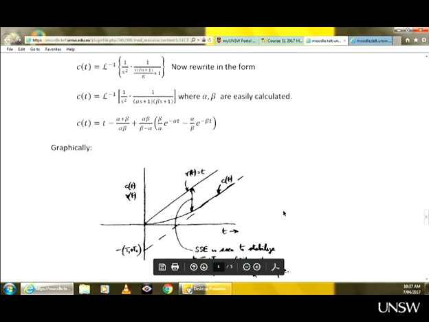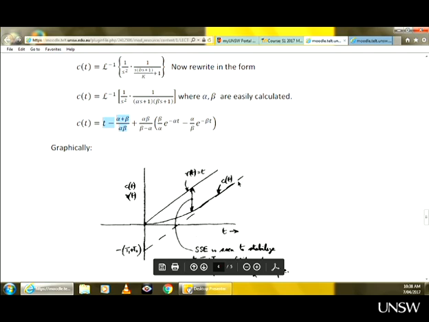So here, this transient part, ignore it for a while. The steady state part is a straight line, 45-degree slope, offset by this alpha plus beta, a constant value. So this is the asymptote. When you include the transient part, this is the actual output.